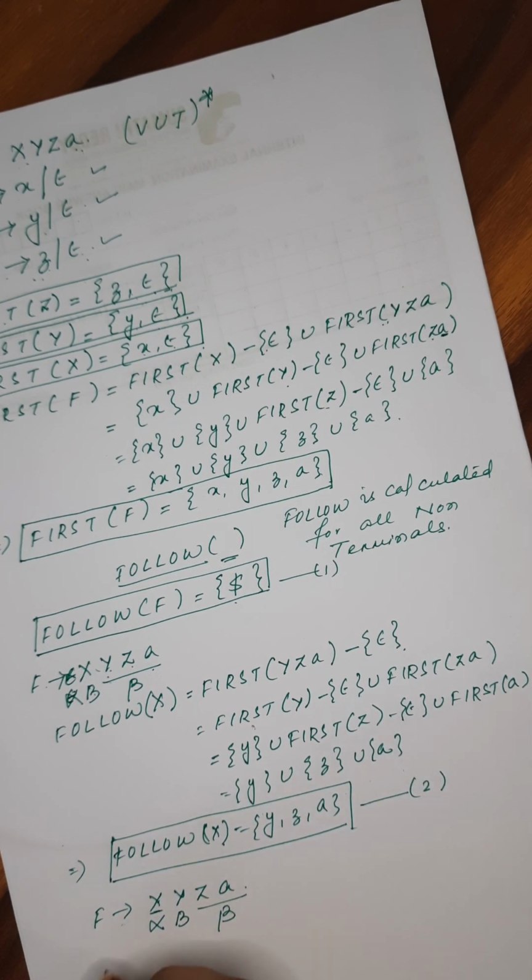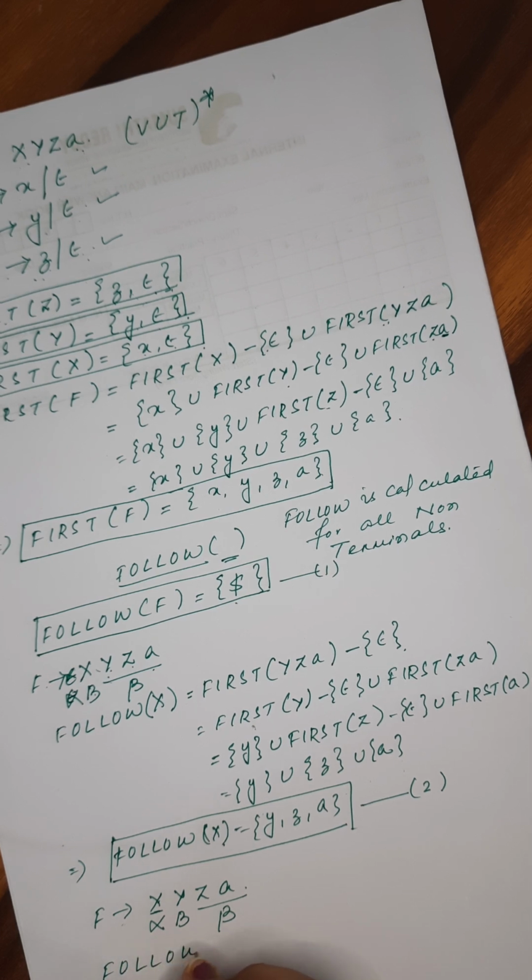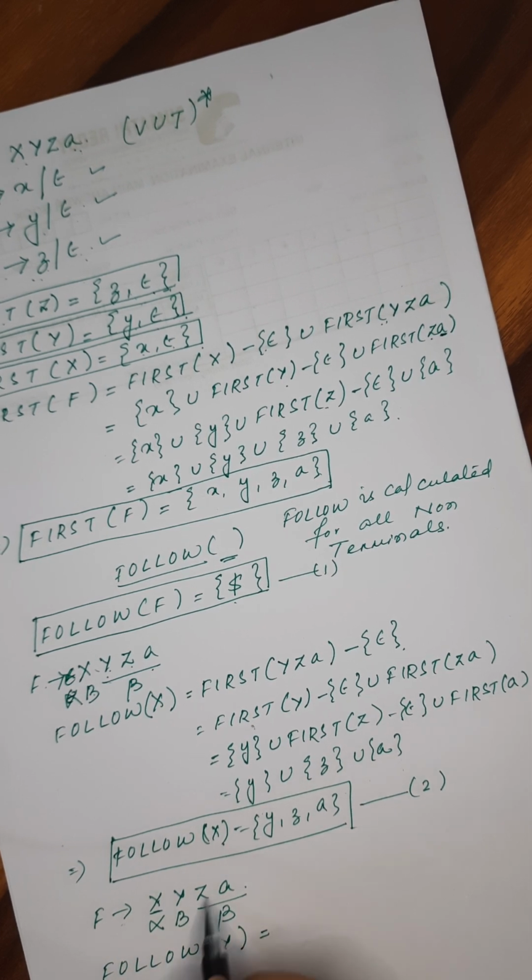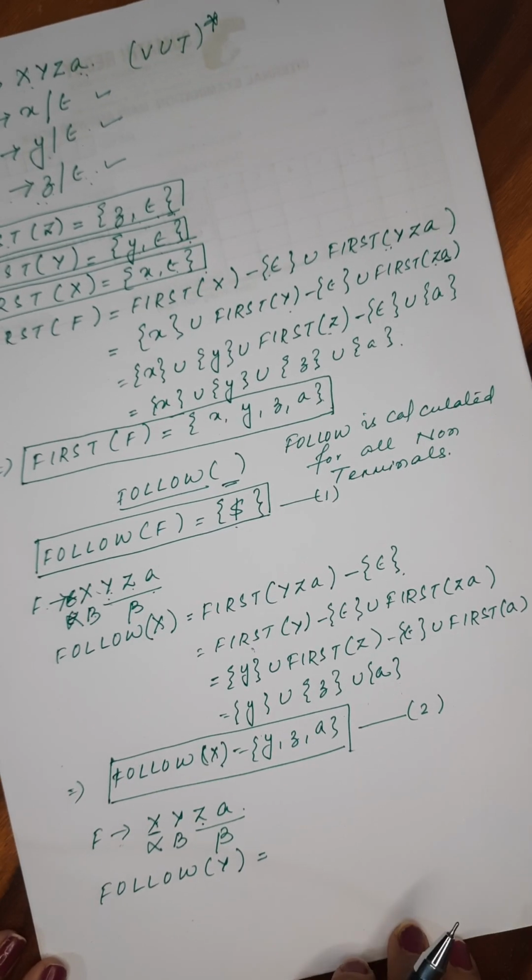Then, follow of B, meaning Y, is equal to, again, Z derives the empty string. So, what we have to do? We have to take minus epsilon.